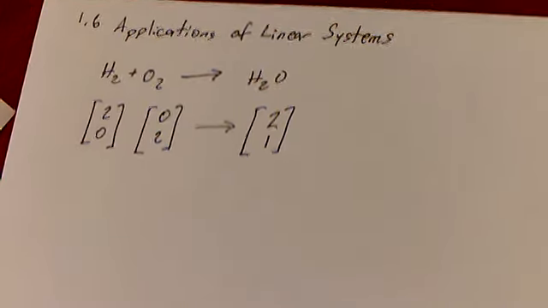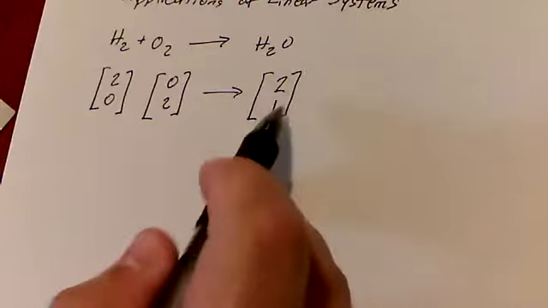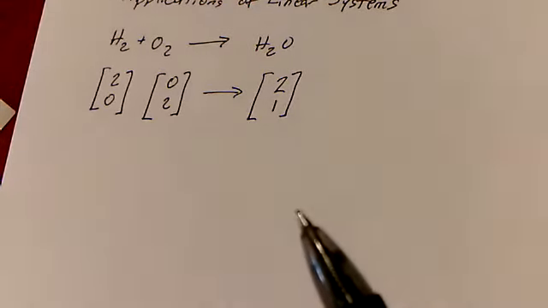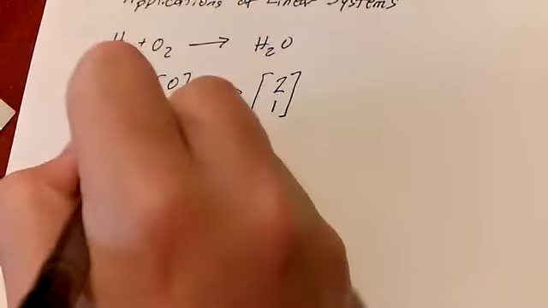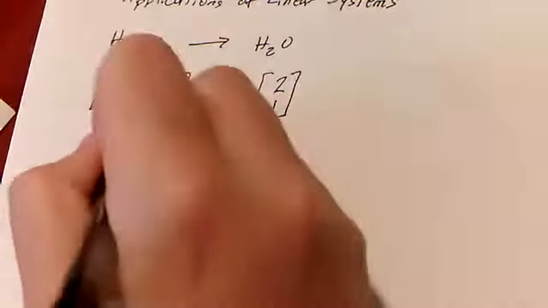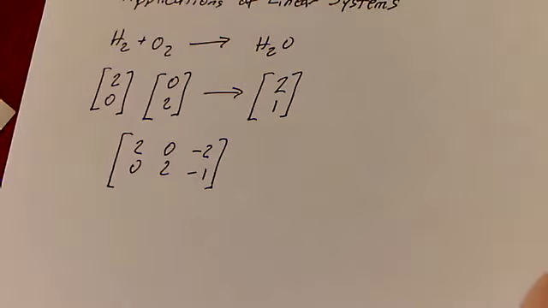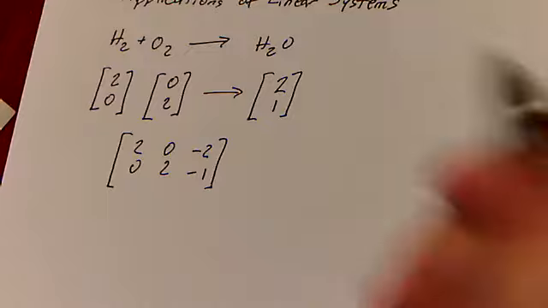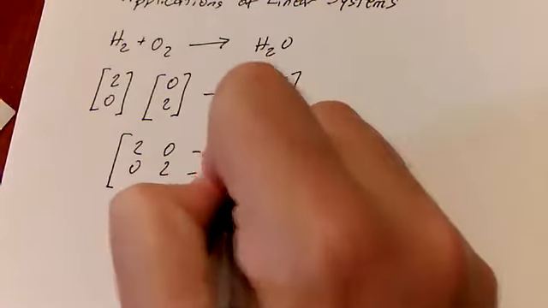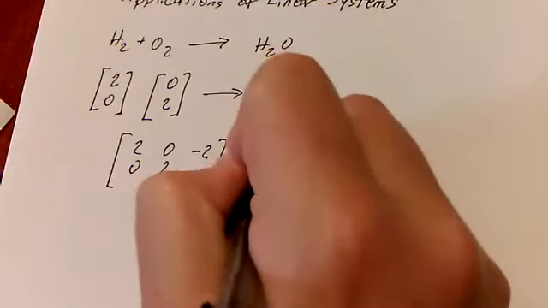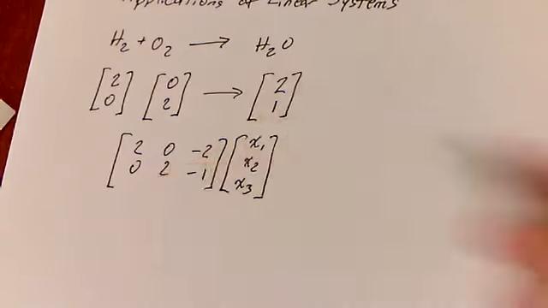So I can turn this into a homogeneous system by bringing this one over to the left-hand side, which I can represent with a matrix. I've got 2, 0, 0, 2. And then when I bring this one over to the left-hand side, it's going to be -2 and -1. So ultimately I have a matrix equation with 3 variables, x1, x2, and x3.